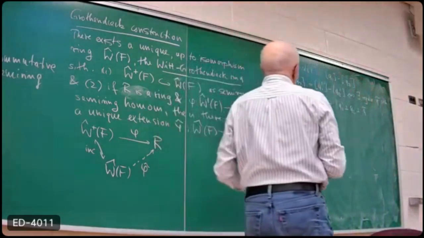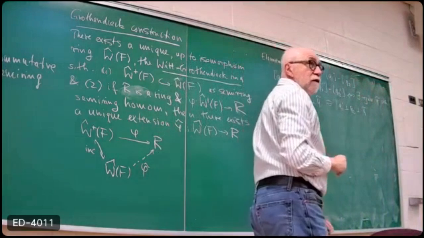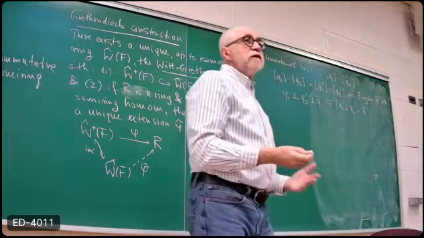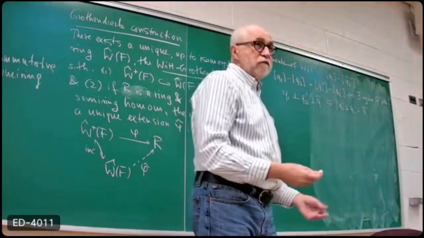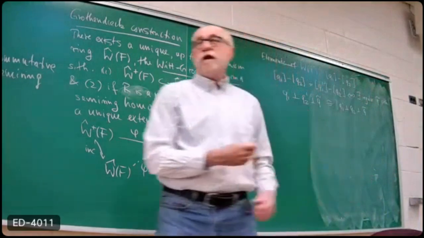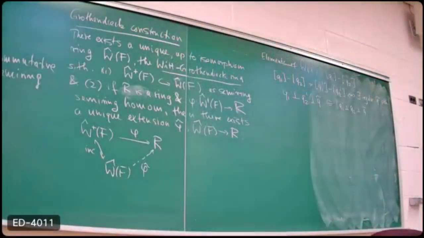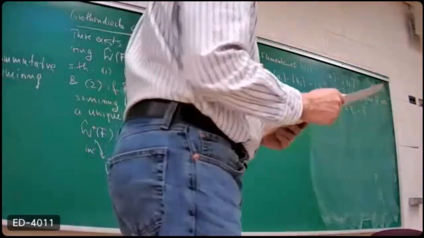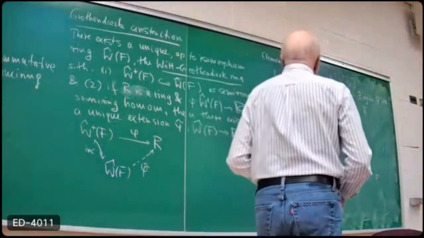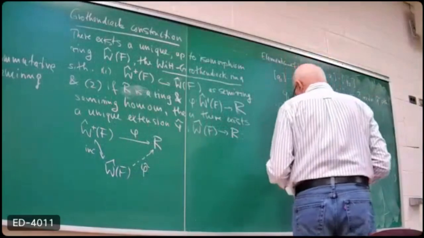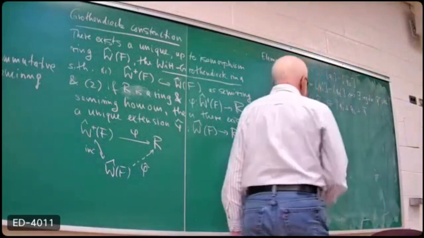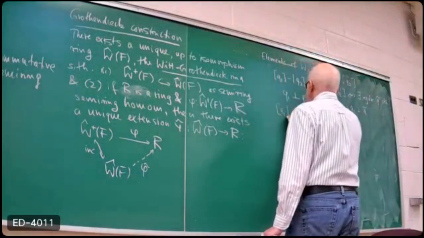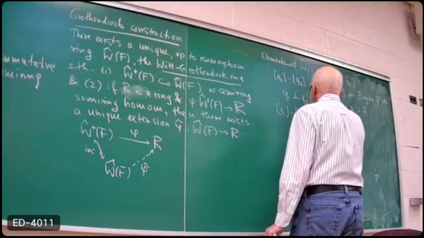Now, how do you add these? Well, the same way as you would add differences of natural numbers. Multiplication the same way. But let me introduce something. So an element in this Witt-Grothendieck ring is of the form Q1 minus Q2.